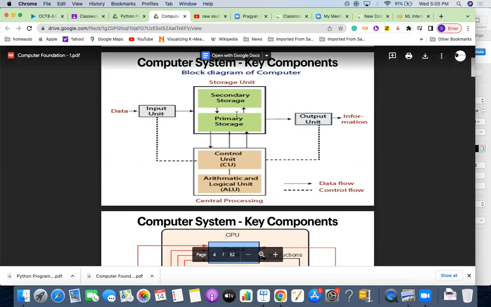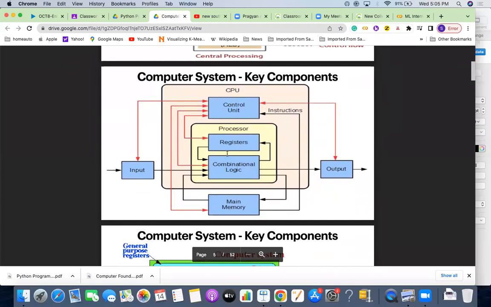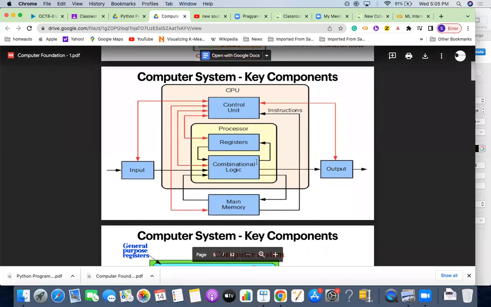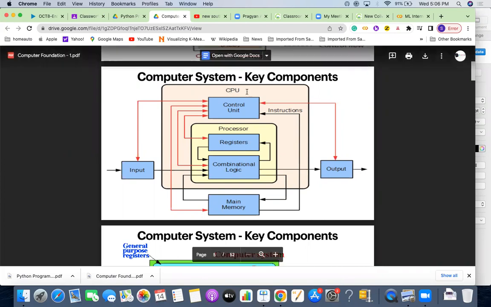Okay, so if you look at the core of the CPU, this is called a processor, or you can call it the core of the CPU, the processing unit. The CPU is the central processing unit, correct?